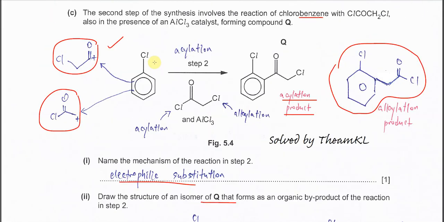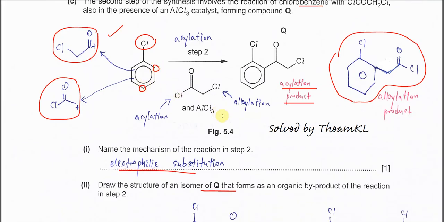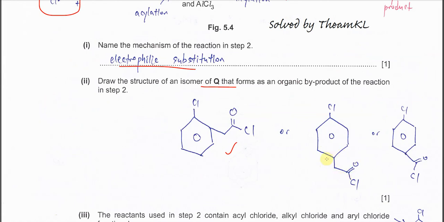Because the chlorine is 2,4 directing, the substitution can happen here or here. So the byproduct you can also put at the 4th position. It's okay. So the alkylation can happen at the 2nd or the 4th position, right? So you can give this one or this one, or you can give the acylation product at the 4th position. So these are the possible answers.